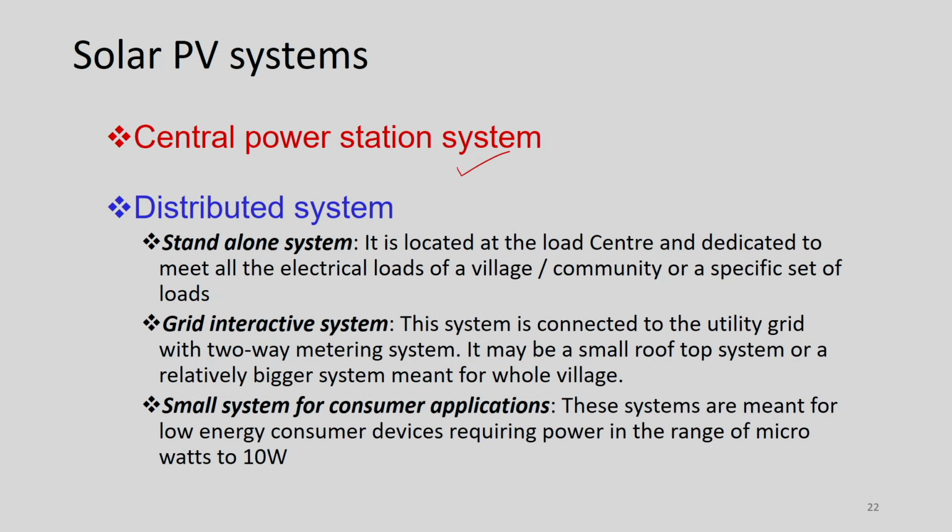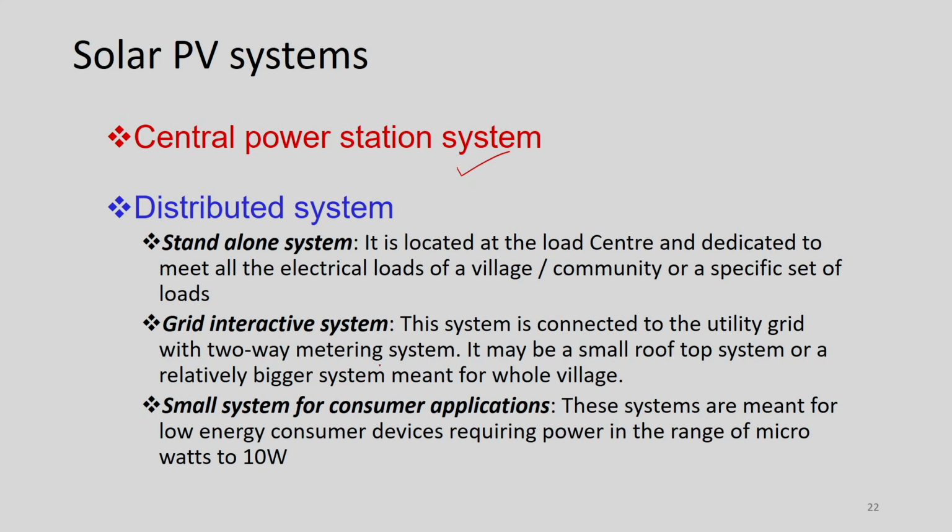And for grid interactive system, suppose in my building I want to install some kind of solar PV, and the energy generated by the solar PV can be given to the local grid when more energy is generated, and we can take energy from the grid at night when our energy requirement is there.